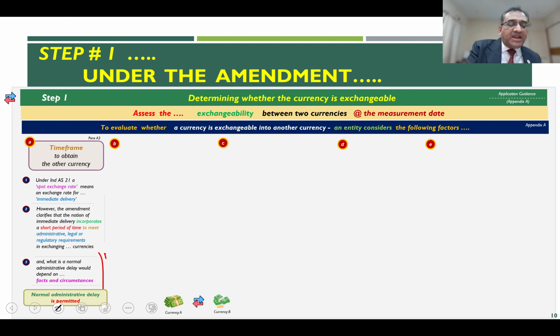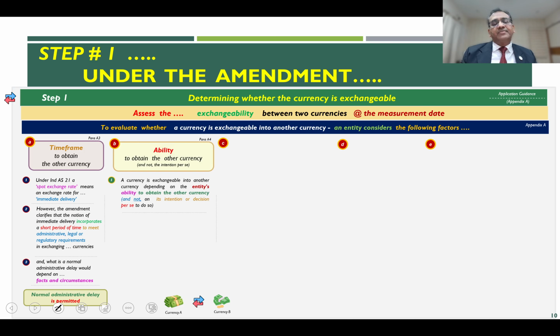And what is normal administrative delay will depend upon facts and circumstances, let's say the regulatory framework and the practices followed in a particular geography. Therefore, normal administrative delay is permitted under the amended standard. This is one of the factors. So one factor is that you have to look at what is the time gap within which exchangeability is accomplished.